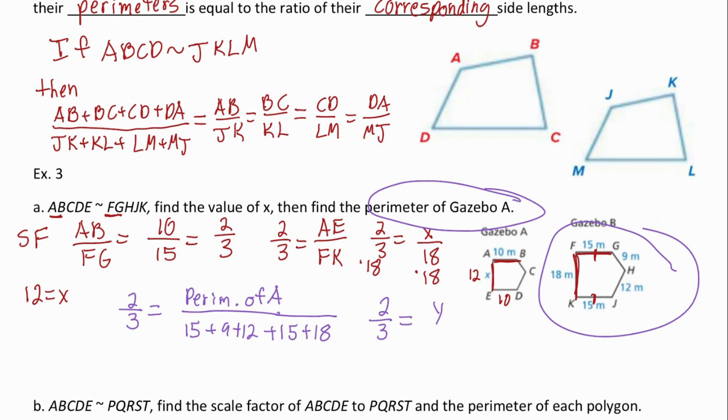So that should be, let's see, 30 plus 18 plus 12 plus 9, 69. Then we multiply both sides by that denominator. So 69 divided by 3 would be 23, and then times 2, you should get that y is equal to 46. And we are going to include units, so it's going to be 46 meters.